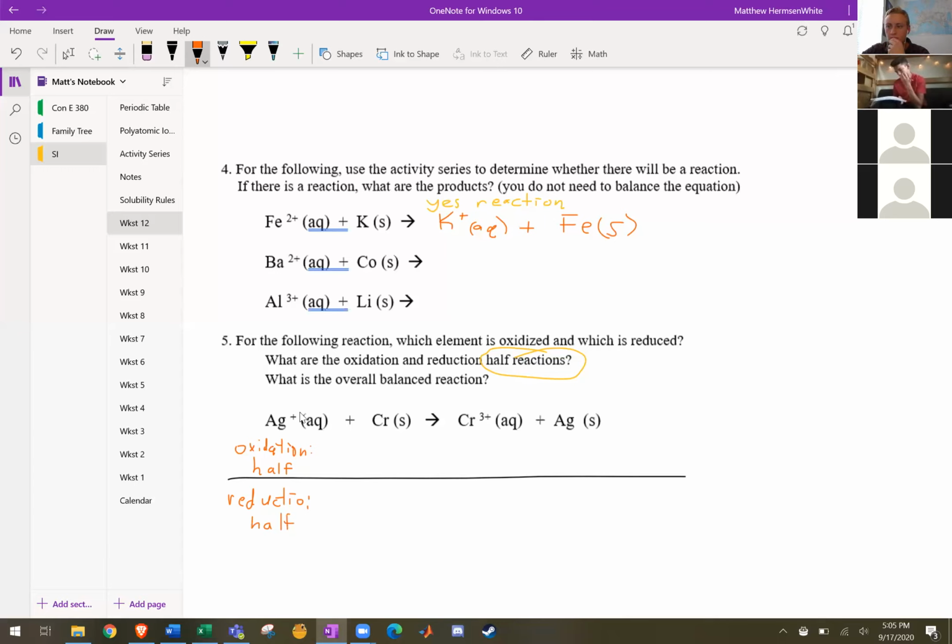So Ag is being reduced, and chromium would be the one that's being oxidized. So chromium is going from 0 to +3. In other words, it's losing electrons. So we say chromium goes to +3.